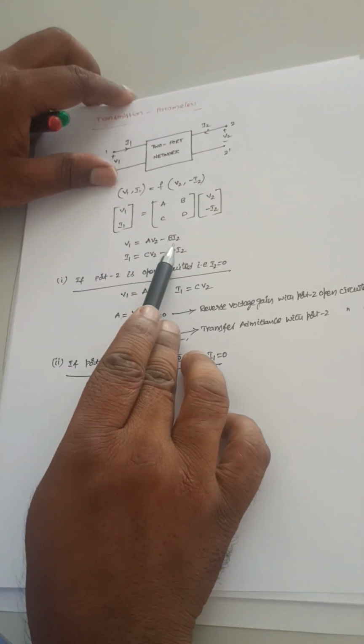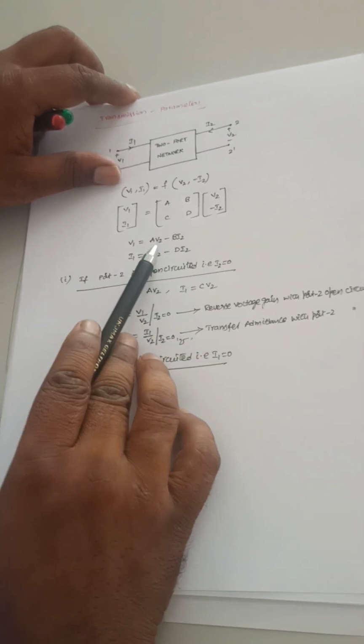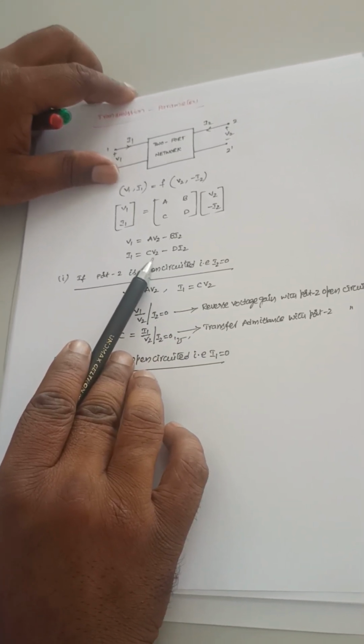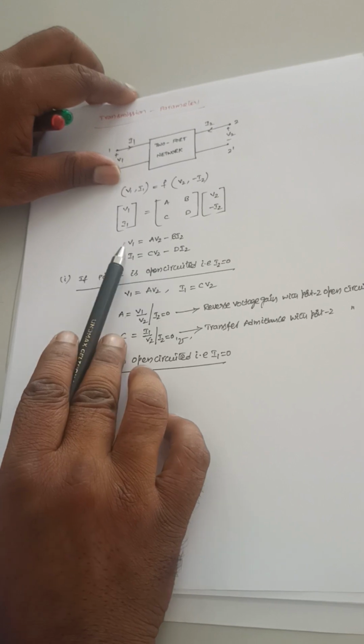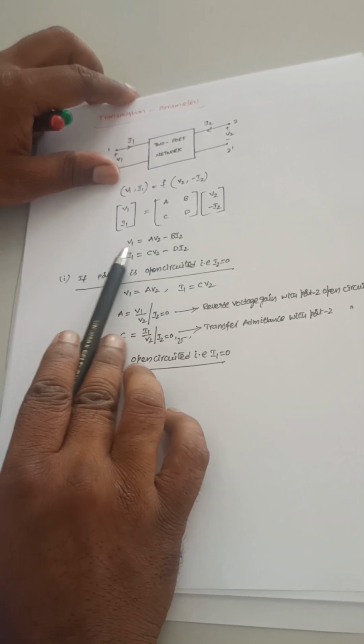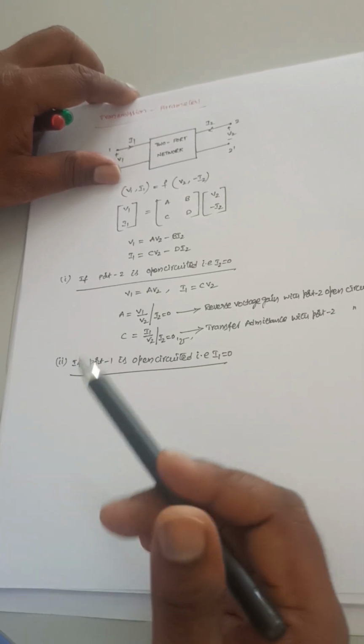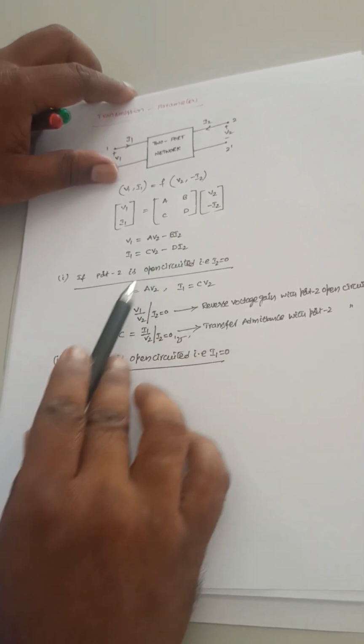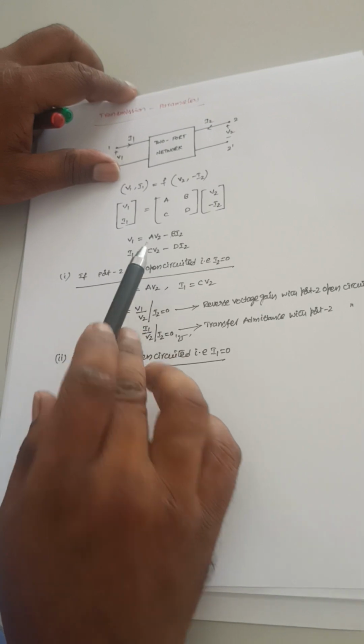So to find B and D, I need to make V2 equal to 0. If V2 is equal to 0, then V1 is equal to minus BI2. From that, B is equal to minus V1 by I2. I am able to calculate the values of B and D if and only if V2 is equal to 0.